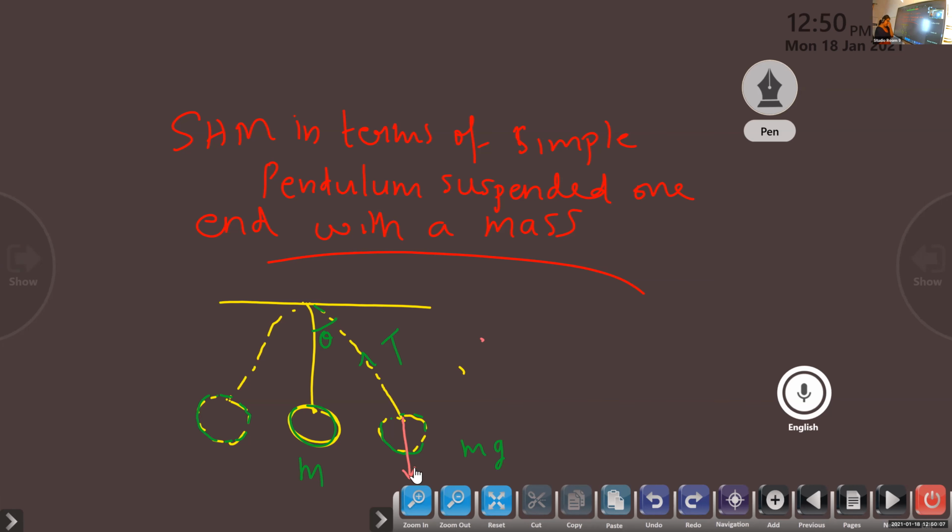You remember tension T minus mg. So the simple pendulum is behaving like a free body diagram in this case.